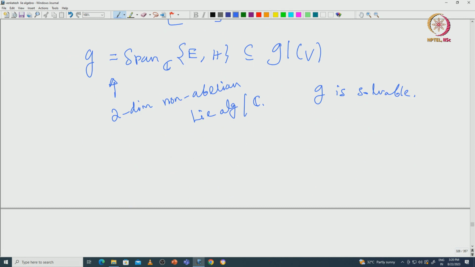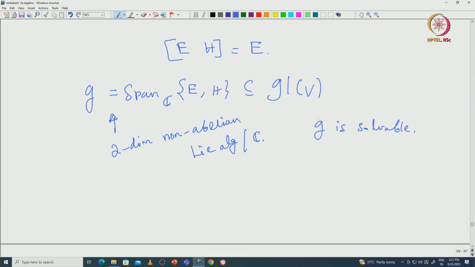And now we can use Lie's theorem because G is solvable. So, you look at the action of G on capital V. There will be a basis for V, with respect to which E and H both will be upper triangular.